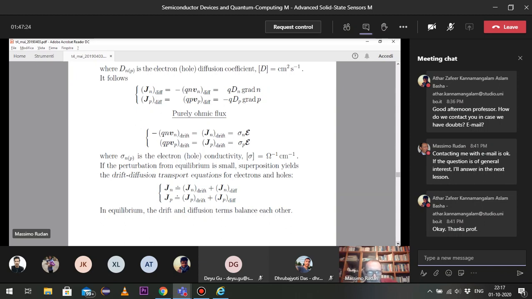Actually, this is also the name, as you can see above. These two equations are called the drift diffusion transport equation for electrons and holes, and the mathematical model based on this equation is called the drift diffusion model of semiconductors.